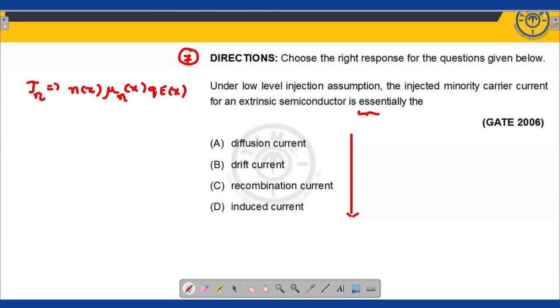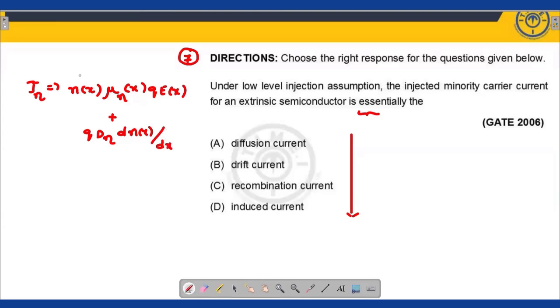Already, my dear friends, I told you all these formulas are here in your general notes, okay, which is equal to n(x) mu n(x) q into E(x) plus, it consists of another term itself, that is q into Dn into dn(x) by dx.